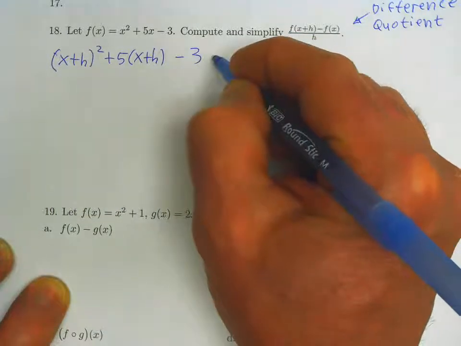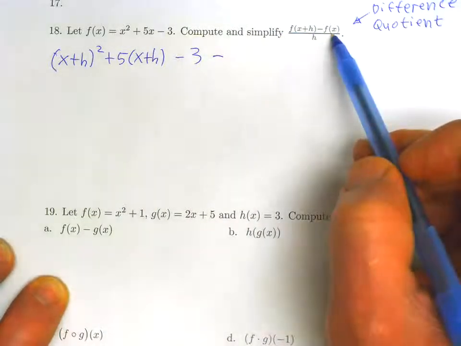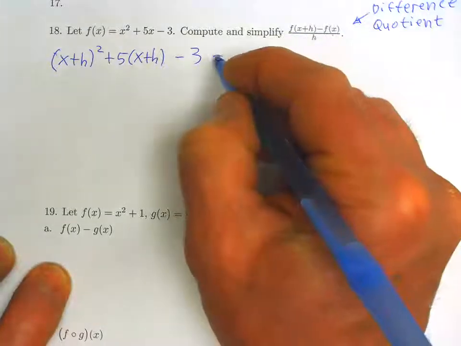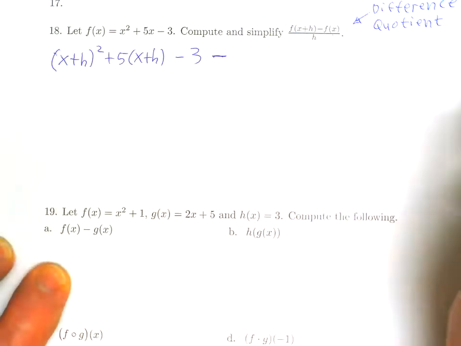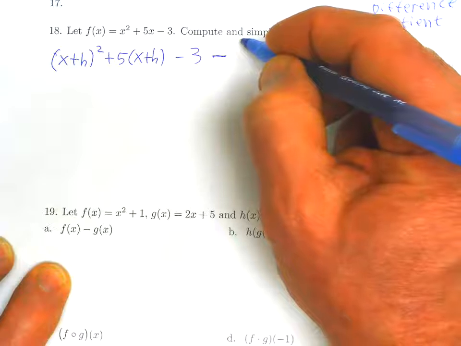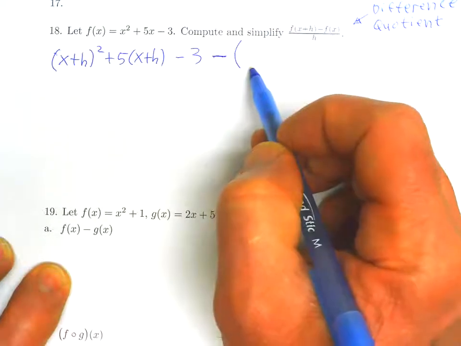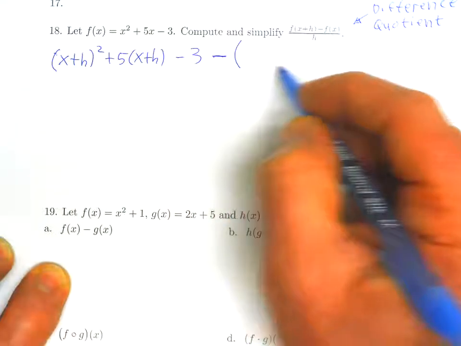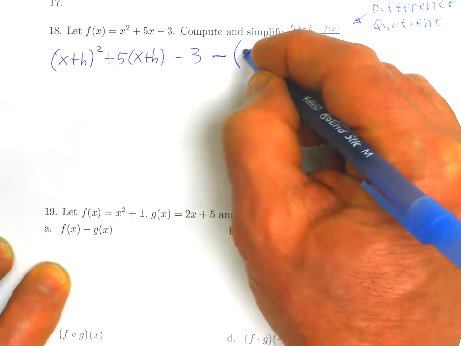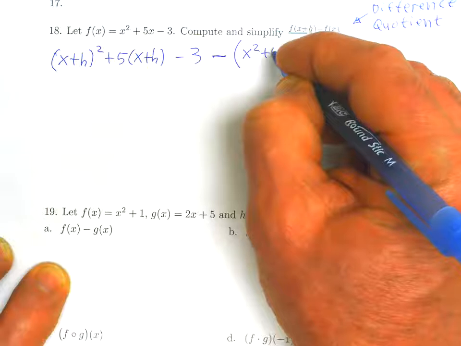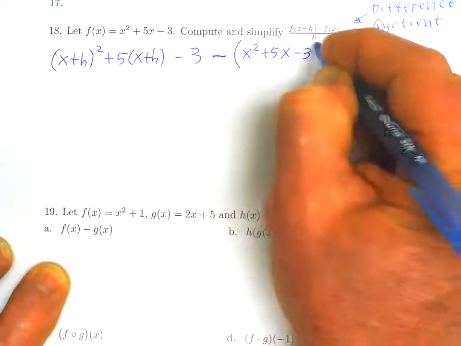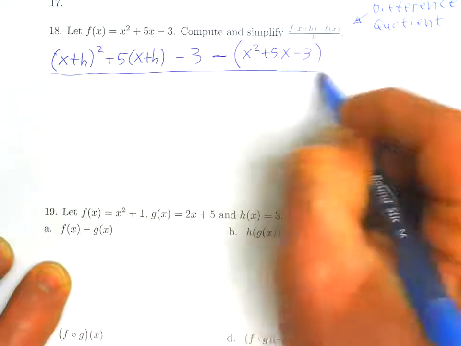And from it, we are subtracting f of x. I'm going to put parentheses. I'm going to subtract a trinomial, so I'm going to put the entire trinomial inside the parentheses. And then we're dividing it all by h.